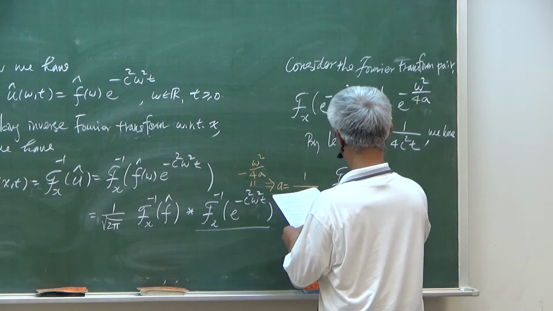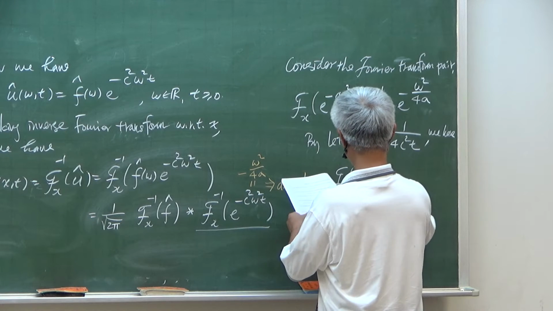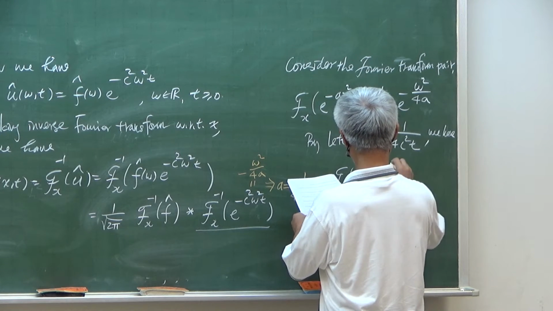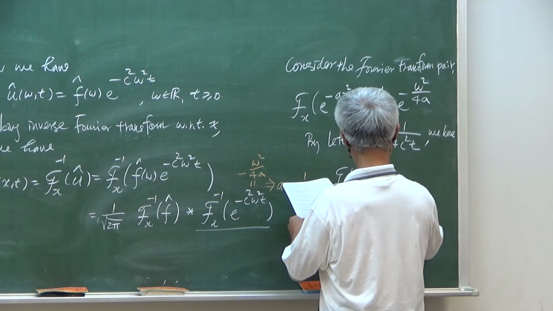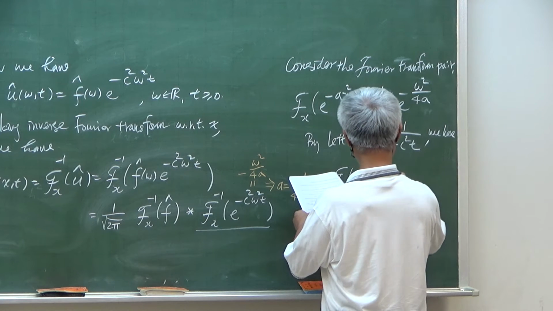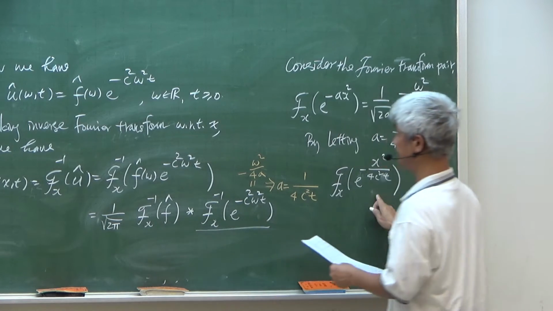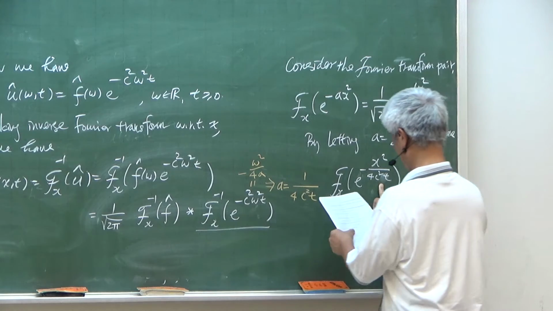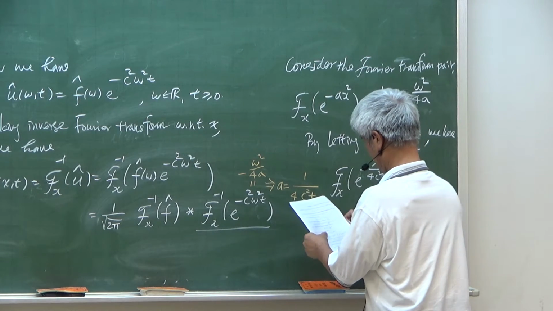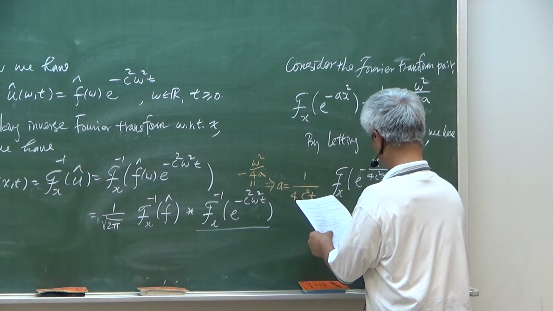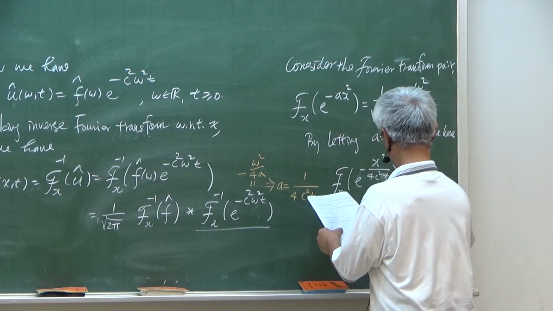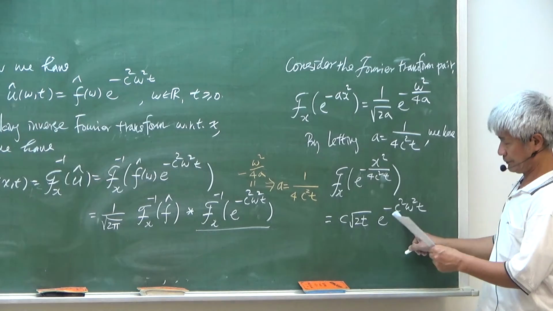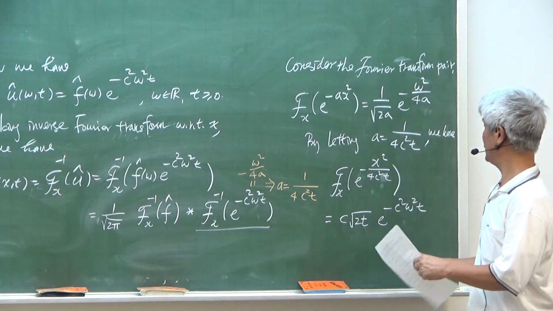the Fourier transform of e^(-x²/4c²t), which is equal to c square root of 2t times e^(-c²omega²t).